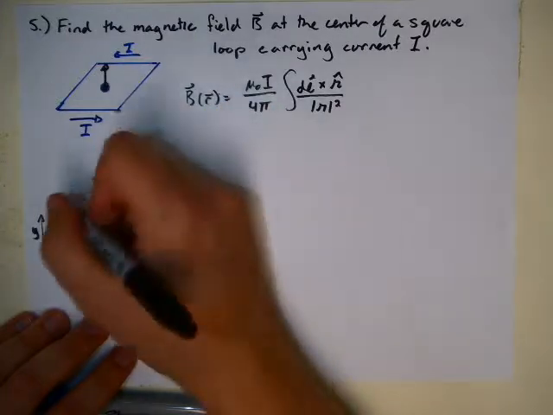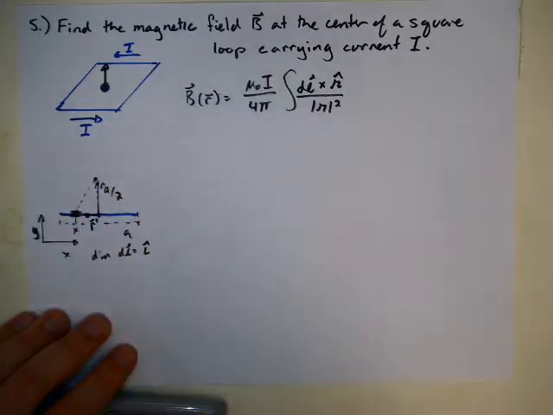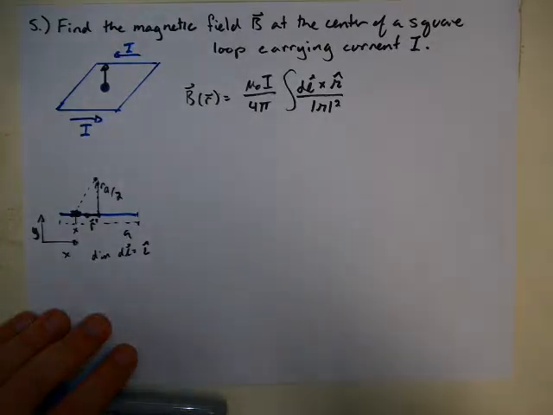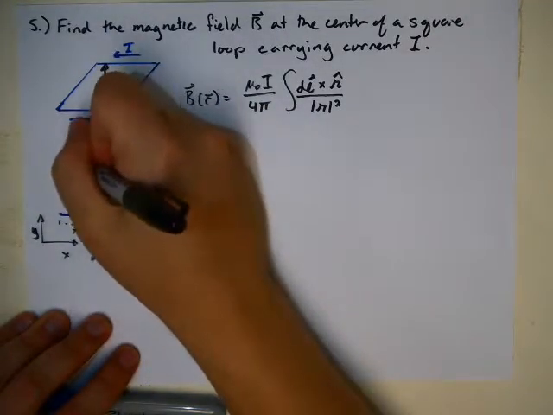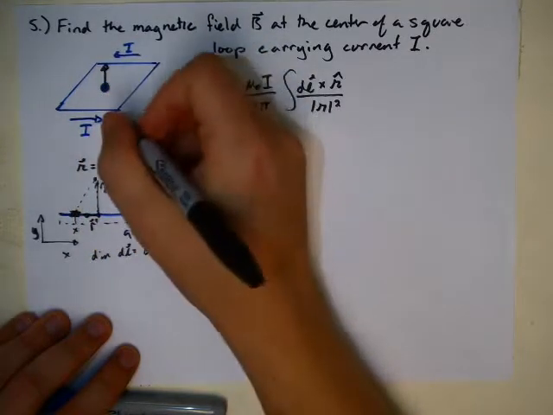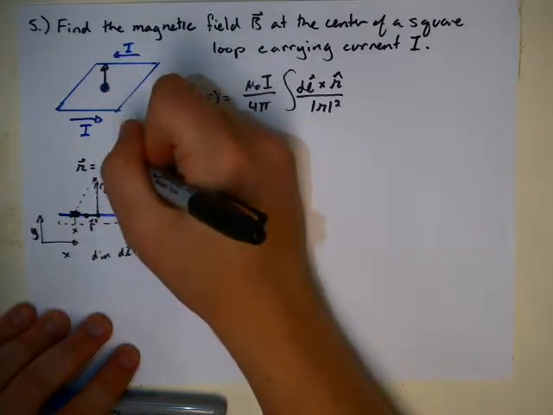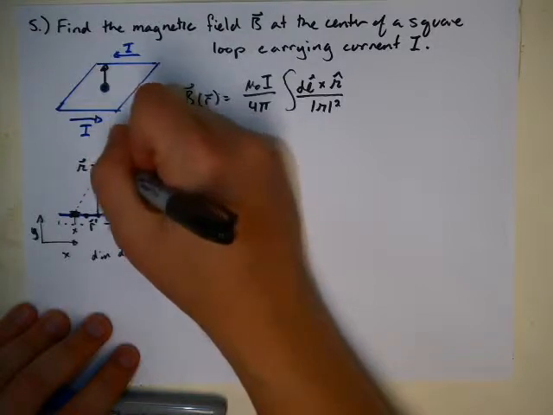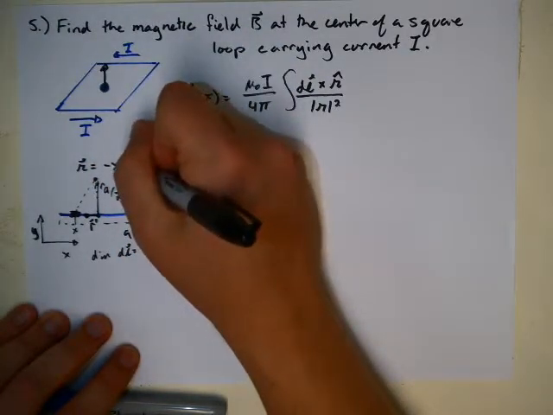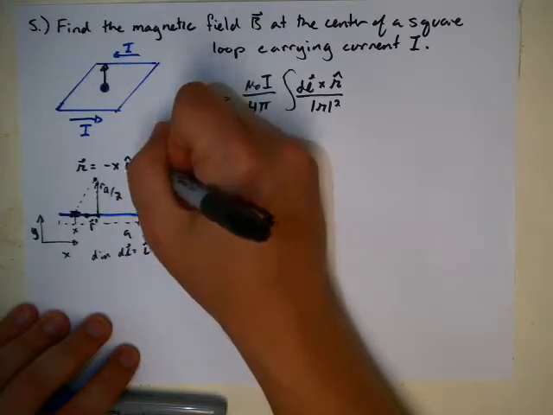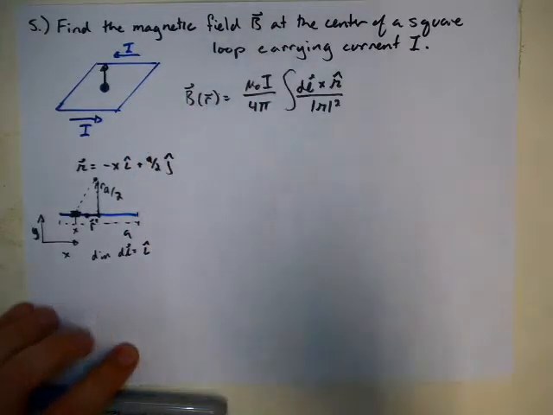Let's call this distance x. That's going to be x i hat. And so from this drawing, my script r is going to be minus x i hat plus a over 2 j hat.